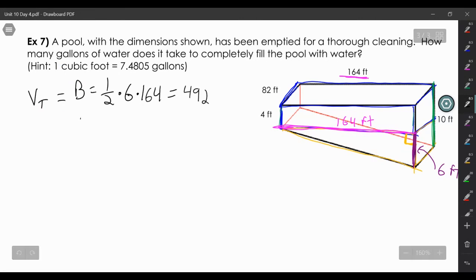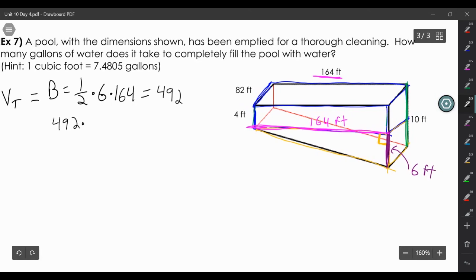Okay, so then we need to do 492 times that by the height. Well, what's the height of this going to be? Remember, the height of any solid connects the two bases. So the height is going to be this distance right here. So then we have to figure out, okay, based on the information given, how long is this light blue line?